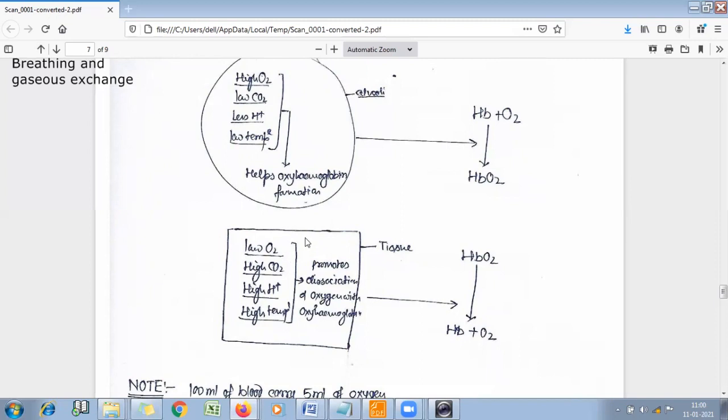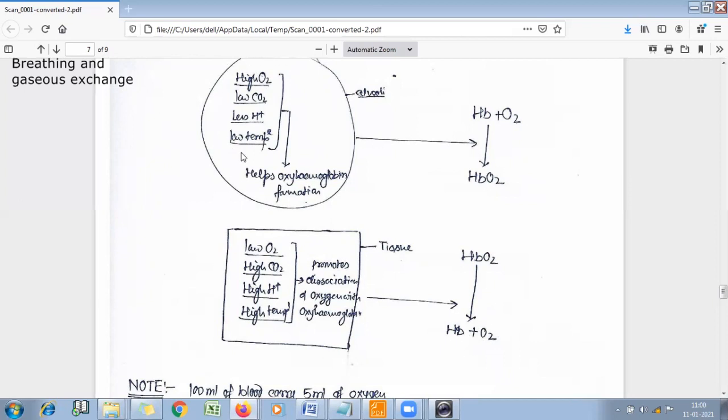So this condition promotes dissociation of oxyhemoglobin into hemoglobin and oxygen. It means it helps the oxyhemoglobin to dissociate from the oxygen.